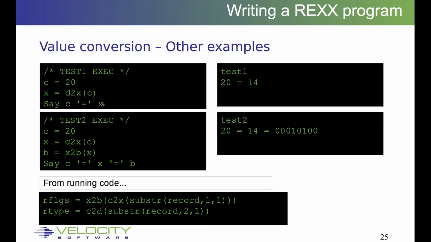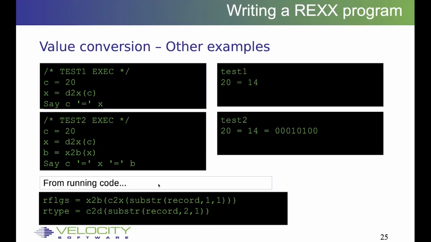And then when we display the results, we get this on the right-hand side. 20 is 14, and that's exactly correct. 20 in decimal is 14 in hex. And to expand on that, we're going to do hex to binary of this X value. And the say instruction at the end here displays all three. So 20 in decimal is 14 in hex, which is 00010100 in binary.